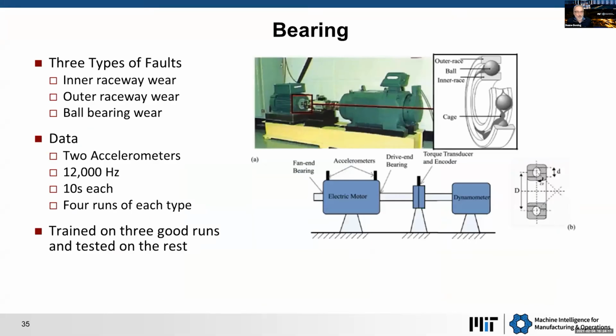So the bearing data is essentially three kinds of time series runs: normal runs of this inner and outer raceway with a ball bearing on rotating equipment, but then also some induced known faults, where wear or dings on the inner raceway, the outer raceway, or on the ball bearing itself were introduced.